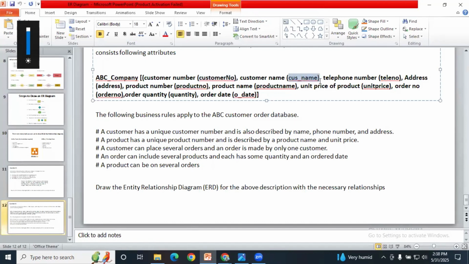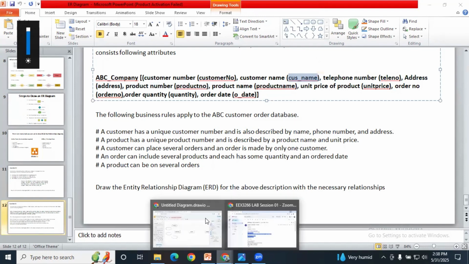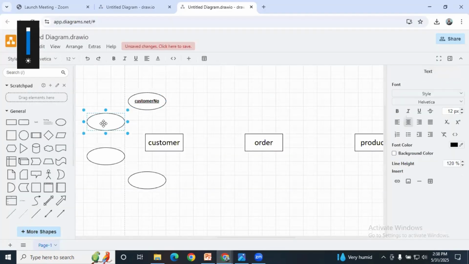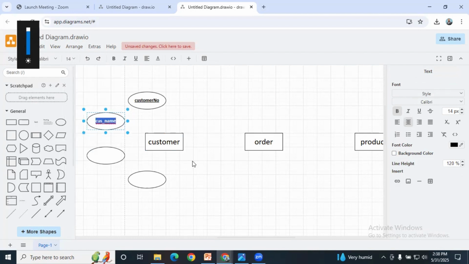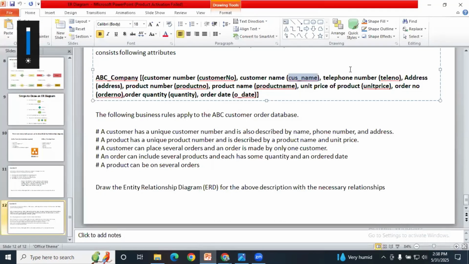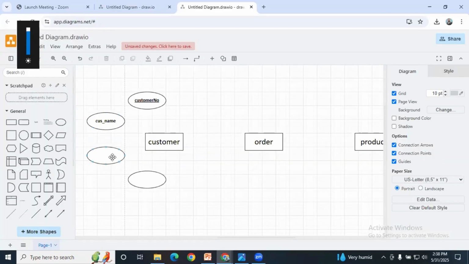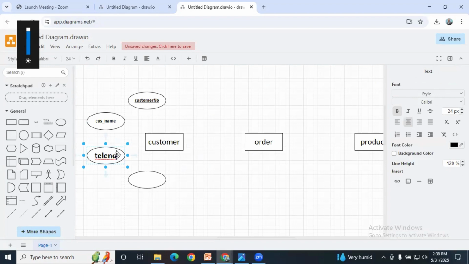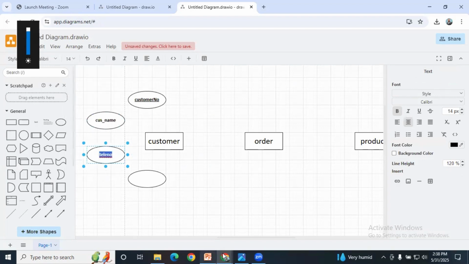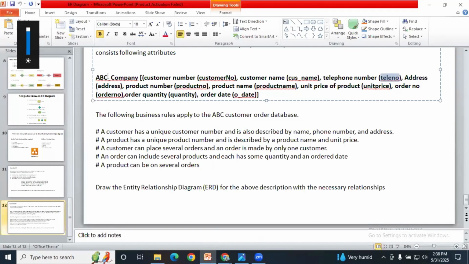So you want to assign name and telephone number. And what is the next?